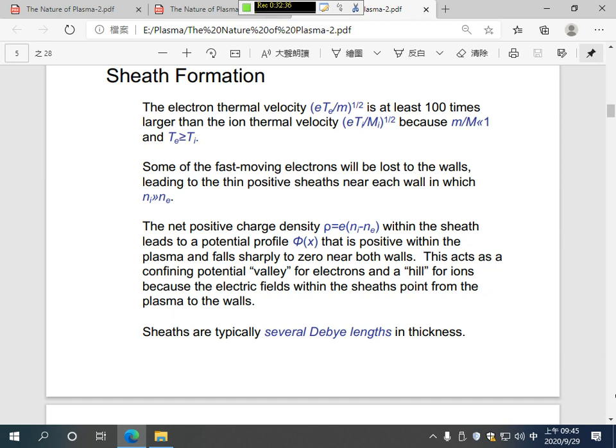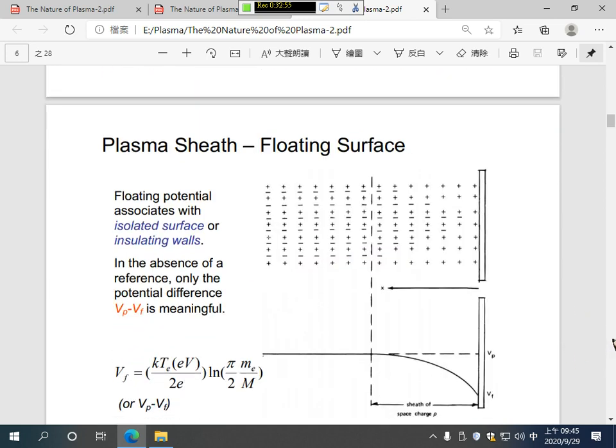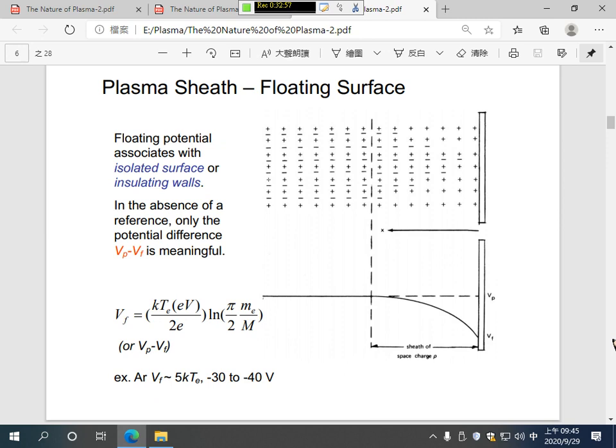The thickness of the sheath is typically several Debye lengths. The second plasma sheath is the floating sheath.